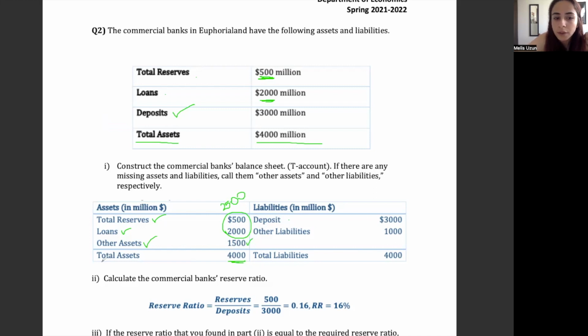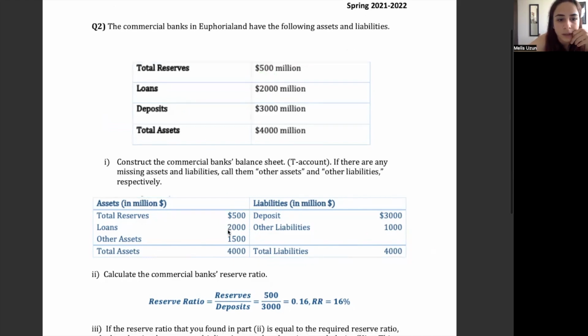If total assets is equal to 4,000, total liabilities should be equal to 4,000 too. We know the deposits is equal to 3,000, so we need to have 1,000 other liabilities, because the sum should be equal to 4,000.